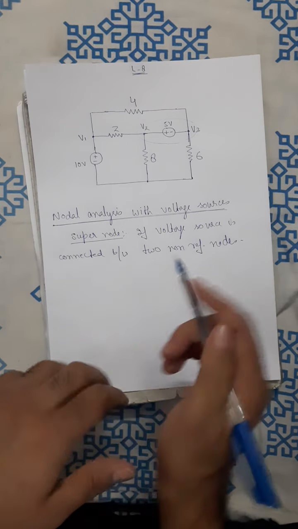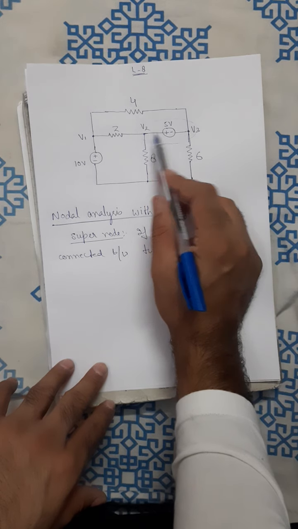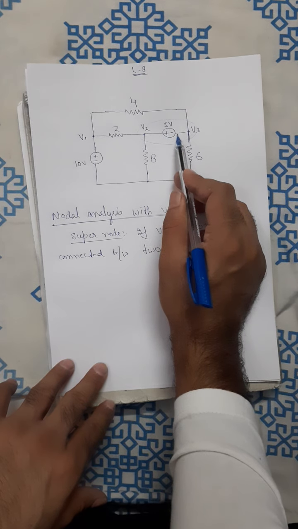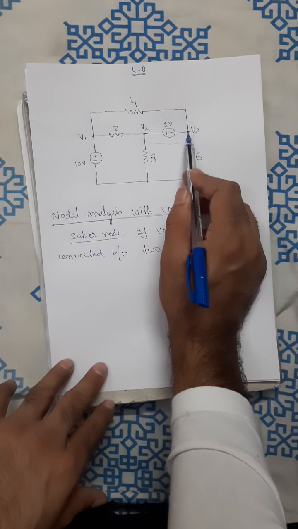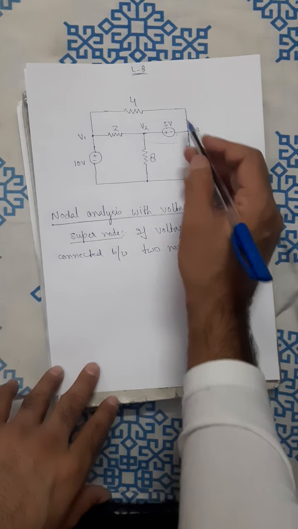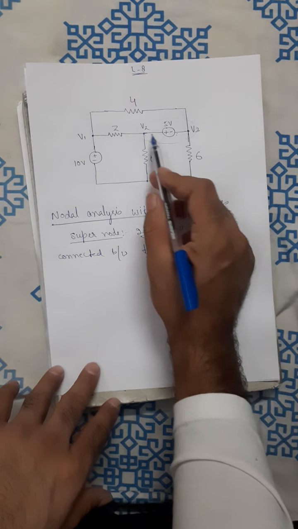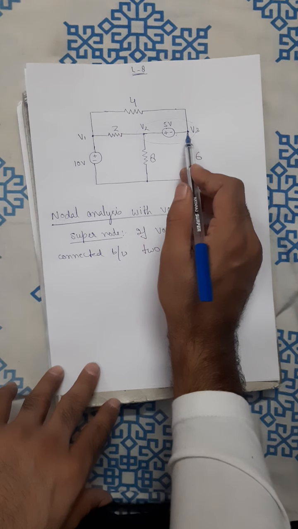And what is a super node? A super node is formed by enclosing the voltage source connected between two non-reference nodes and any element connected in parallel with it.